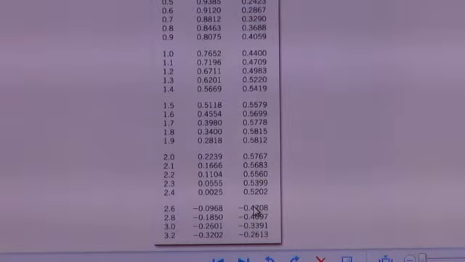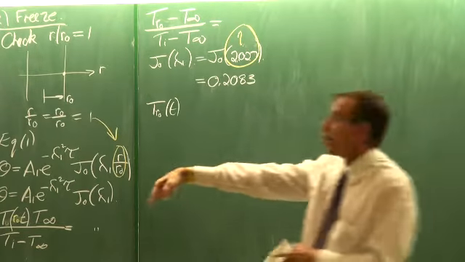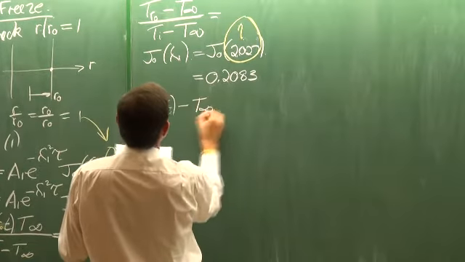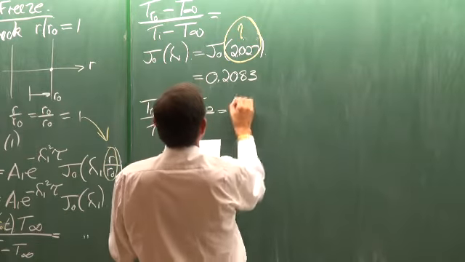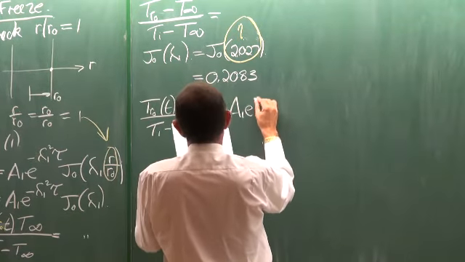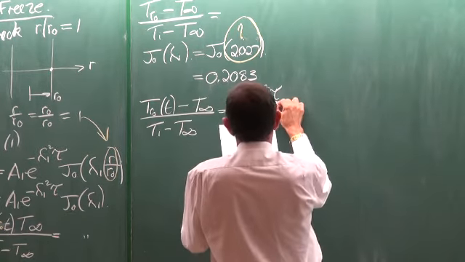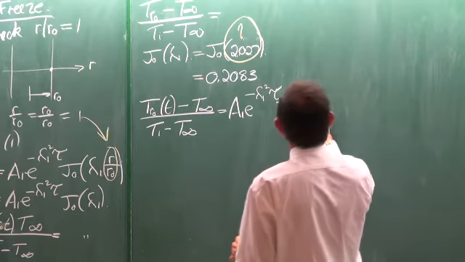Right. So now, in terms of this equation, I'm just going to write it down so that you can see what we are calculating. The temperature at R0 minus T infinite divided by Ti minus T infinite is equal to A1 e to the minus lambda 1 squared multiplied by tau multiplied by J0 of lambda 1.